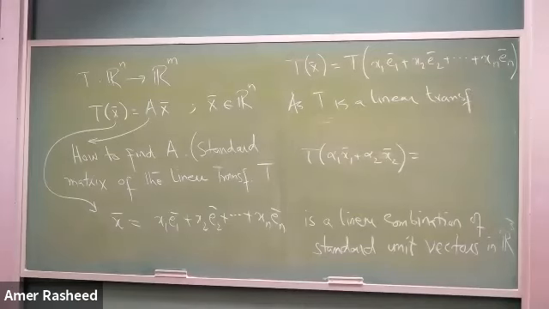Sir, T of x1 plus T of x2. So the other property was? Sir, K into T of x, that is, T of K x is equal to K into T of x.